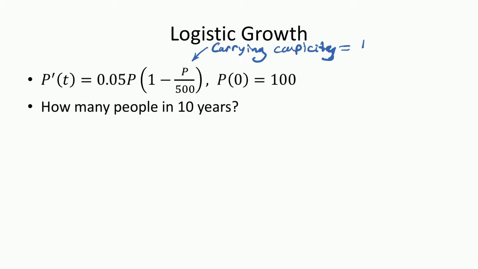is equal to 500. The way to think of this is, if the population is more than 500, then this piece of the differential equation turns negative. That means the slope, P prime, will be negative, meaning people are dying.